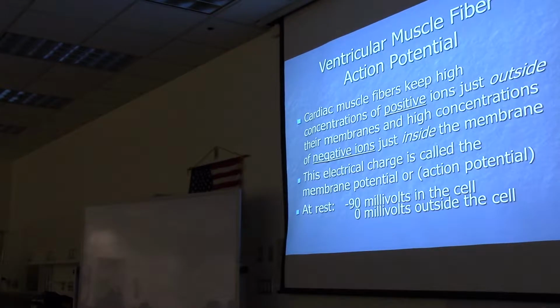So it says the cardiac muscle fibers keep high concentrations of positive ions just outside their membranes and high concentrations of negative ions just inside the membrane. And this creates an electrical charge across the muscle cell. That electrical charge is called the membrane potential, but most commonly it's called action potential.